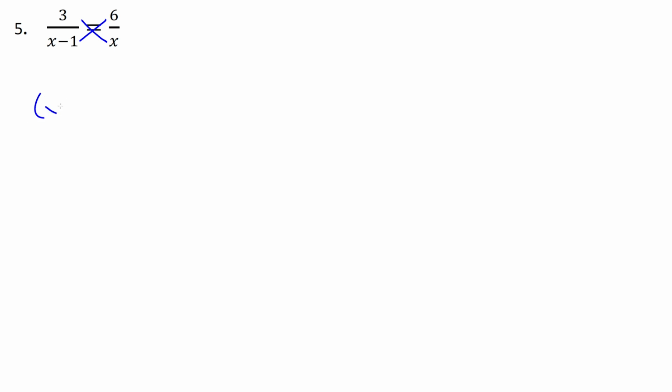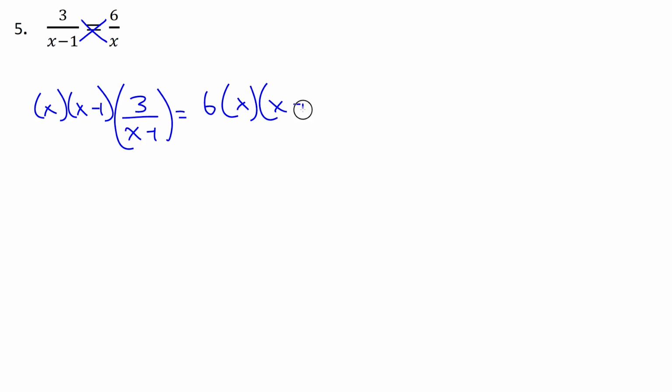So that looks like an x times x minus 1 times the left-hand side of 3 over x minus 1 is equal to 6 over x. Oh, and this was over x as well. I'll also mention, just for your benefit, that x times x minus 1 here is also the LCD.